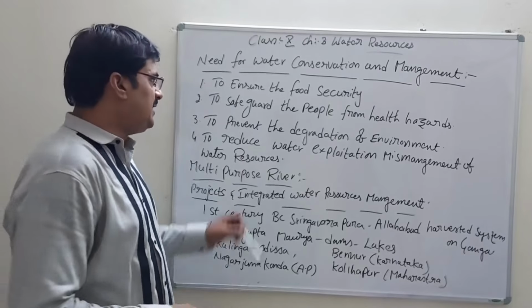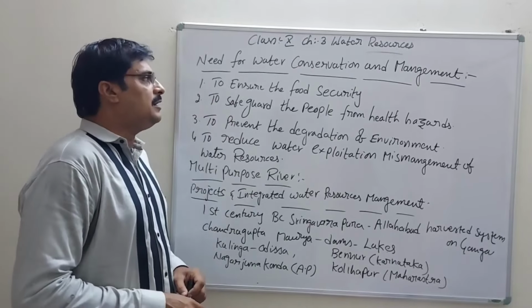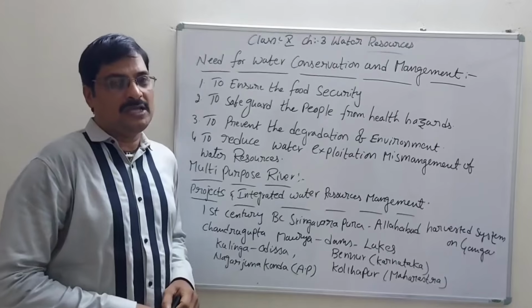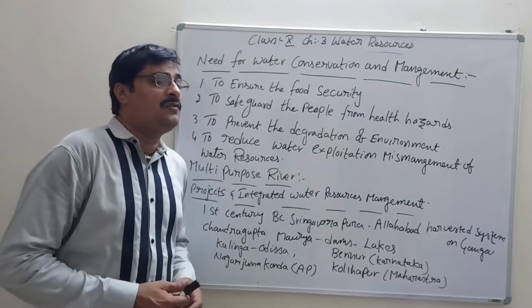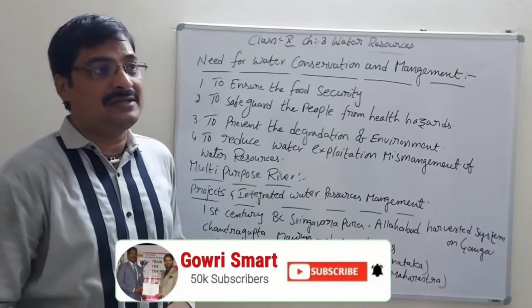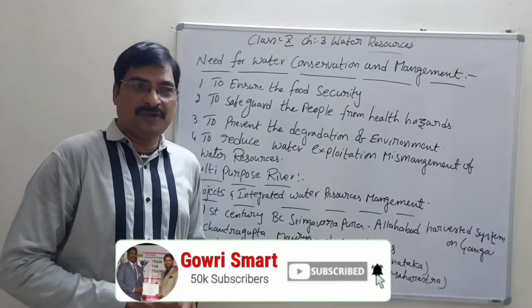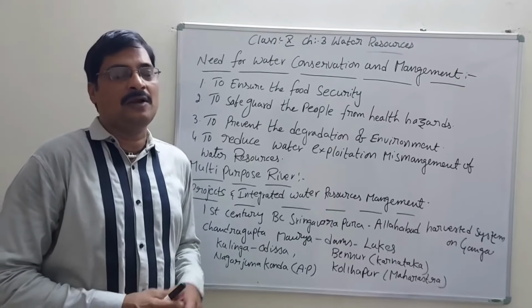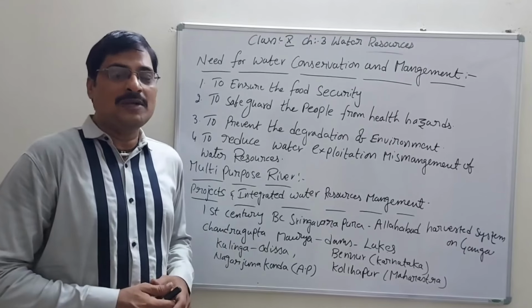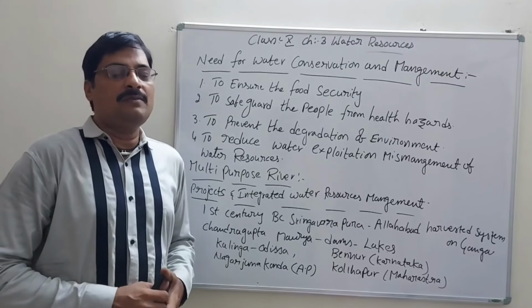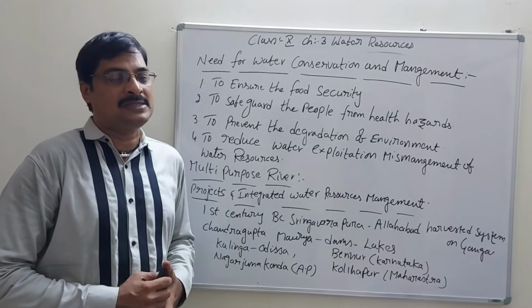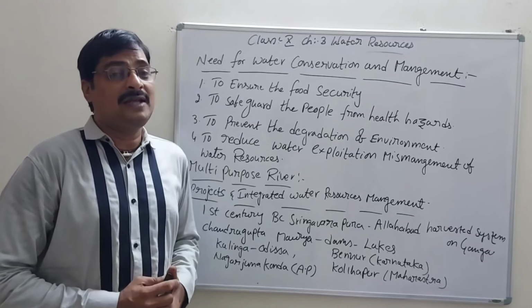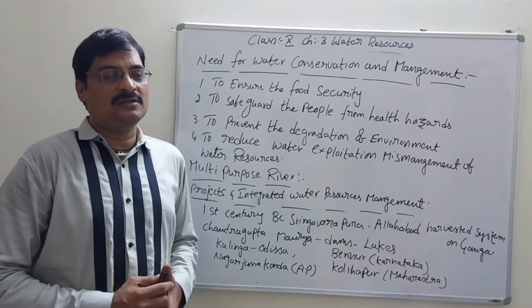First point, to ensure food security. Anytime we receive disasters, floods, any kind of cyclonic effects, or high temperatures recorded in the summer time, at that time we need more water.